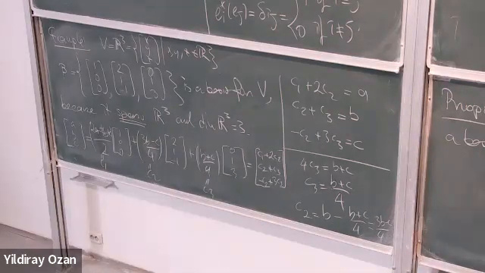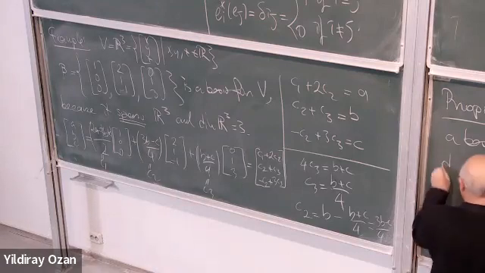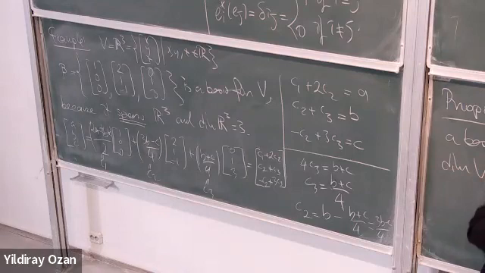In particular, dimension V and dimension V star are the same. But again, as I told you last time, this is not true if V is not finite dimensional. Okay.